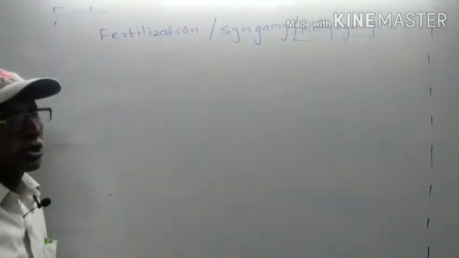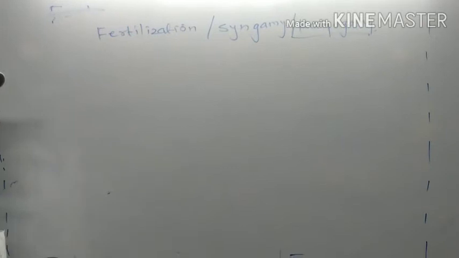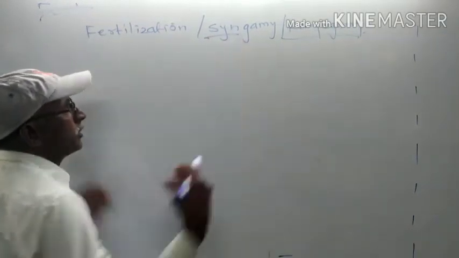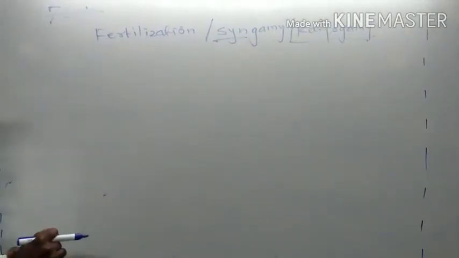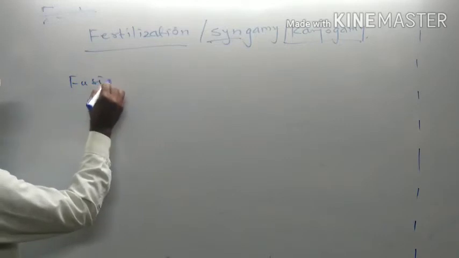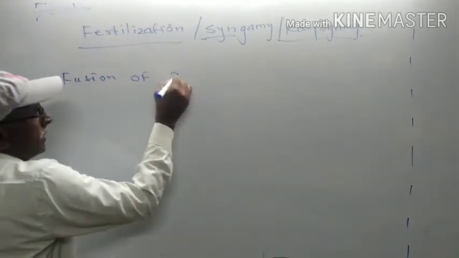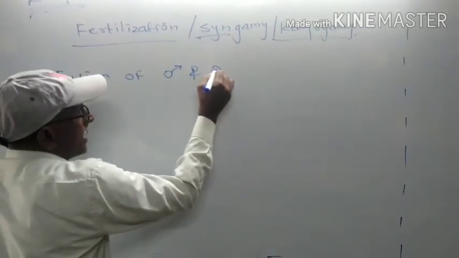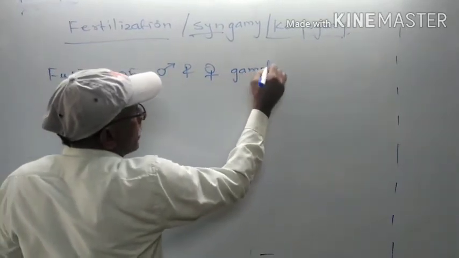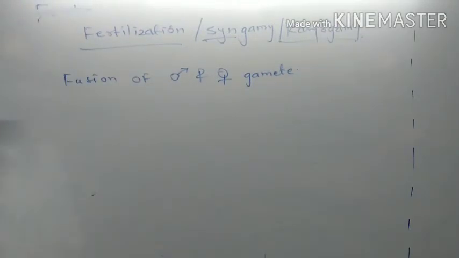When there is a fusion of nuclei, it is called karyogamy. Both the nuclei of the gametes unite, so it is called karyogamy. Syn means to fuse, to close, so it is called syngamy. Fertilization is when there is a union, a fusion of male and female gametes.